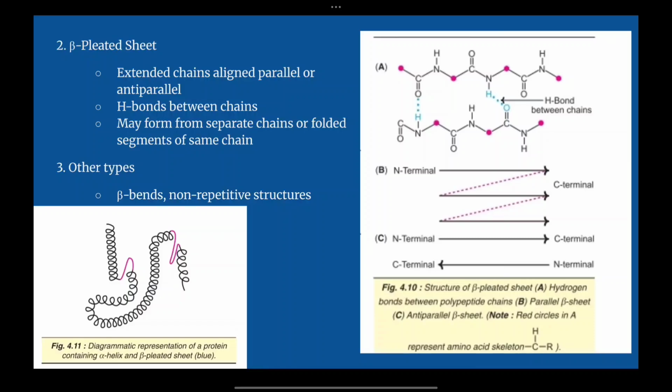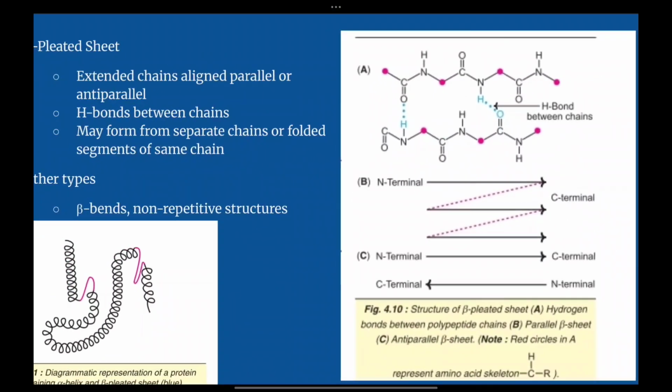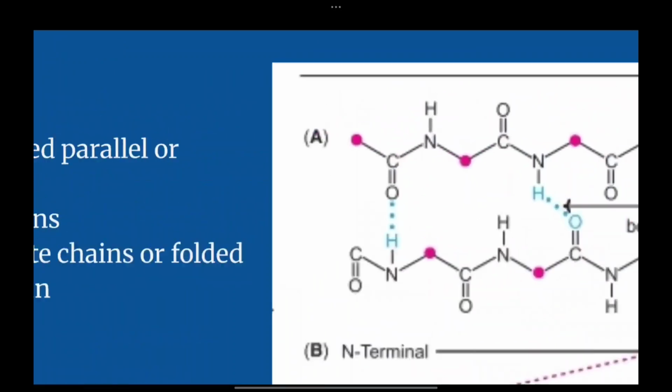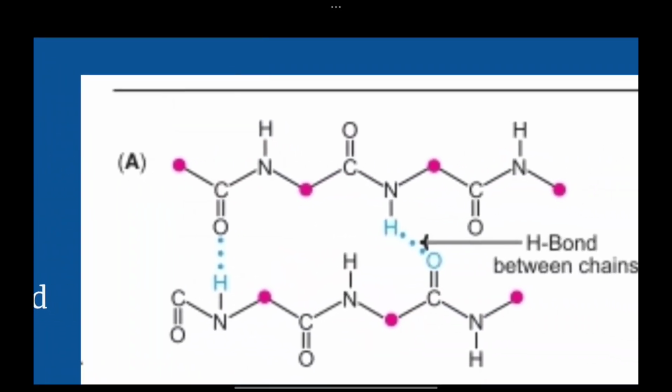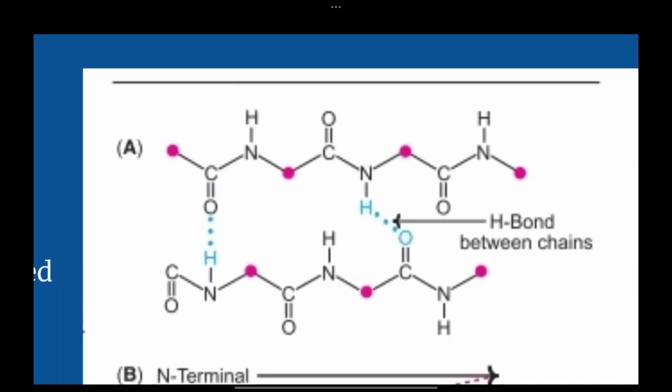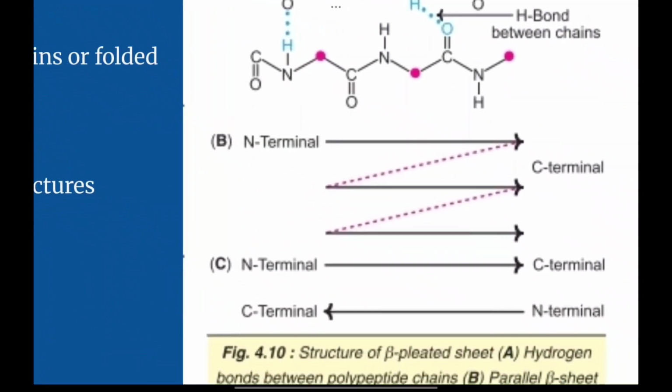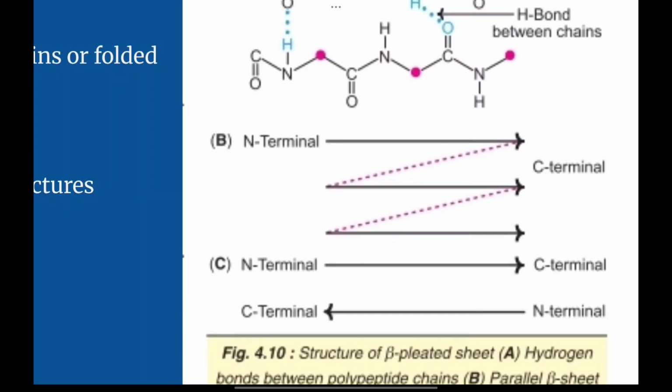So here you can see the parallel structures. In diagram A, the hydrogen bond is formed between the polypeptide chains. There is one chain above and one chain below, and between the two chains a hydrogen bond is formed. Here it can be parallel or anti-parallel. Parallel means the chains are moving in the same direction, and the bond is formed in a slanting manner.